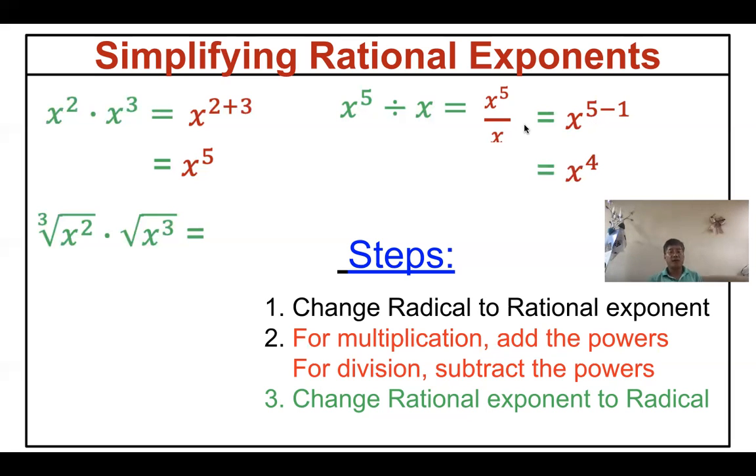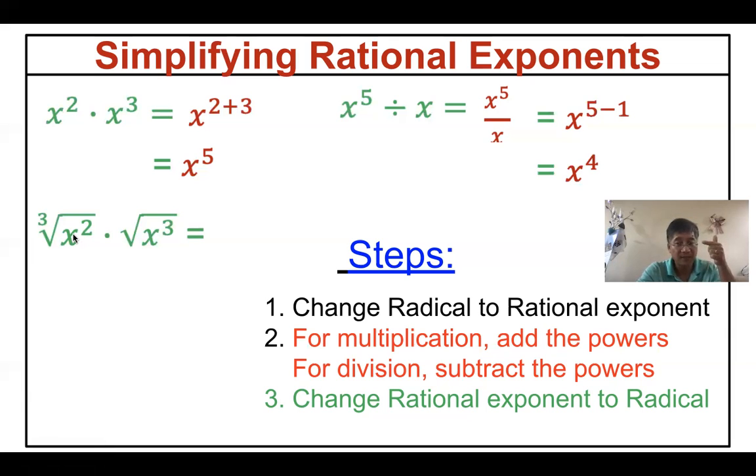Now let's simplify the third one. We learned how to convert each radical form to the rational exponent form, right? You should do that first. This one, how do you change it? This square goes to, now this, you change it to the rational exponent.